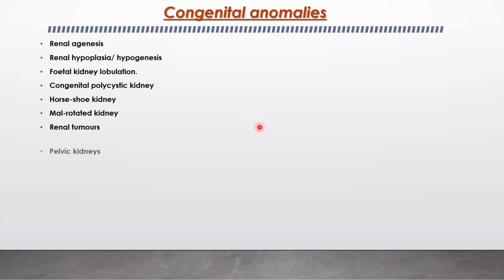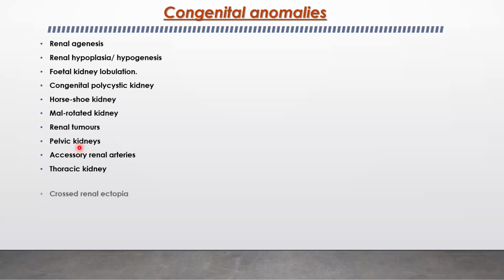Then the other one is pelvic kidney. Remember, the kidneys are supposed to ascend, but if they fail to ascend, they remain pelvic kidneys. Accessory renal arteries, that is when you have more than one artery supplying a kidney, about 2, 3 or 4 renal arteries.